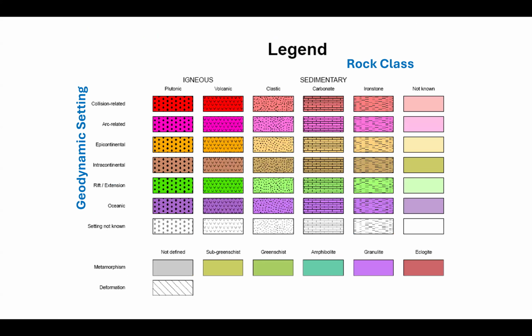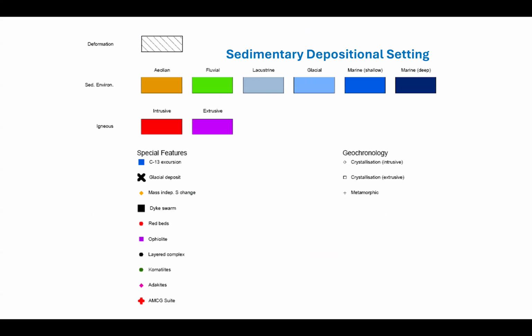We came up with a number of different ways to illustrate things in a very simplified form. One was to couple geodynamic setting with lithology, giving this grid. Another way was just to look at the sedimentary depositional setting together with what is intrusive or extrusive. And that's what I'm going to be using in looking at stuff today.